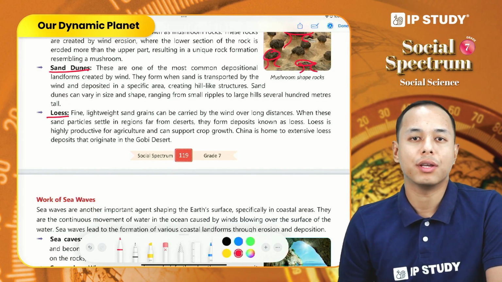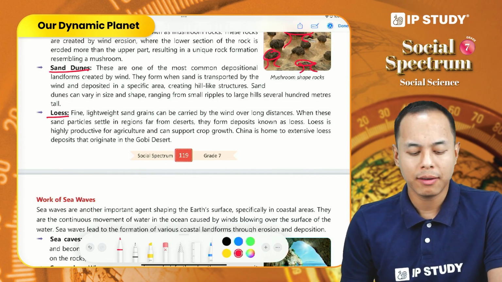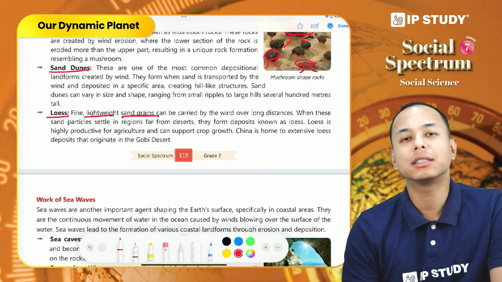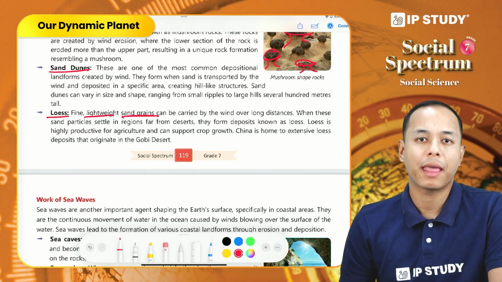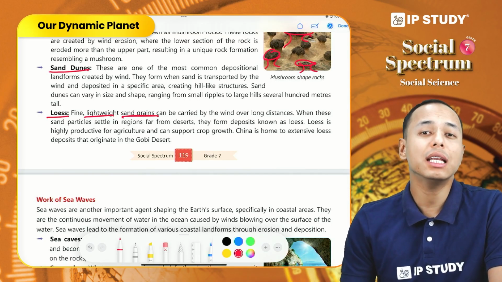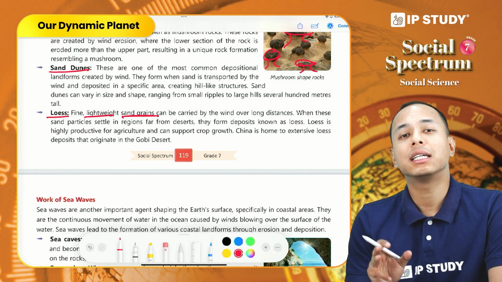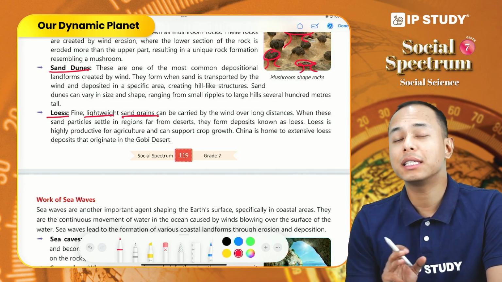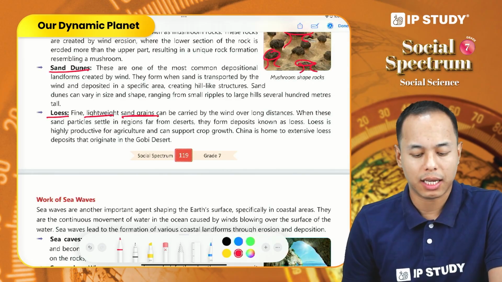Third one is loess. So loess are fine, lightweight sand grains which are carried by the wind, and the wind deposits this sand in some other places, and these deposits are called loess, and these deposits are very fertile.